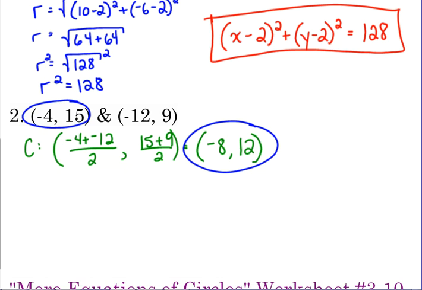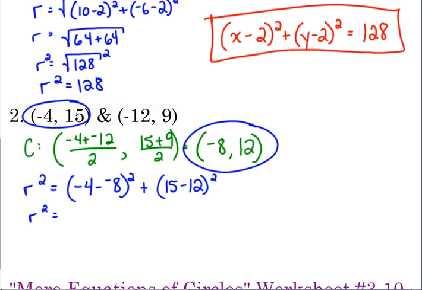So use the first endpoint and the center. I'm going to go ahead and write it like this. I'm just going to say r squared is equal to, so I don't have to write that square root because it's going to disappear in the end. (-4 minus -8) squared plus (15 minus 12) squared. Subtracting a negative is the same as adding a positive.